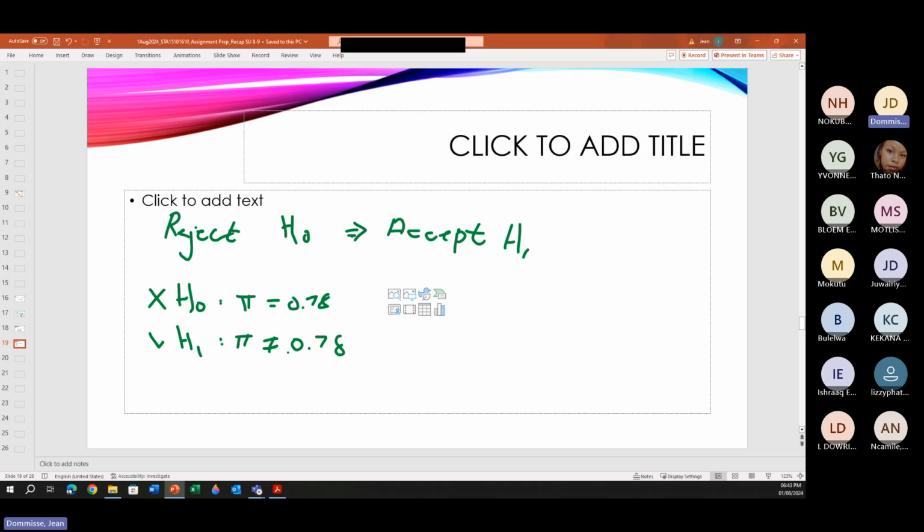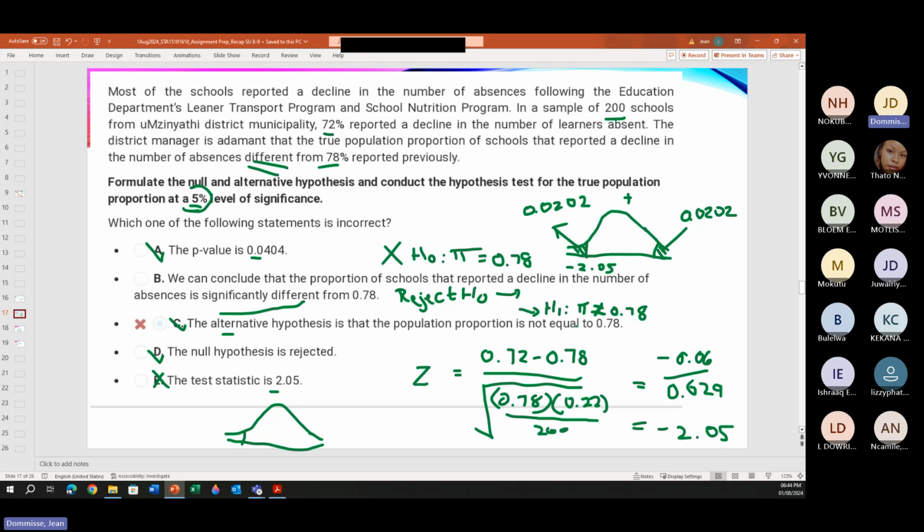Just note again the language that is used in this. When you reject the null hypothesis, you accept the alternative, so your alternative hypothesis then is true.